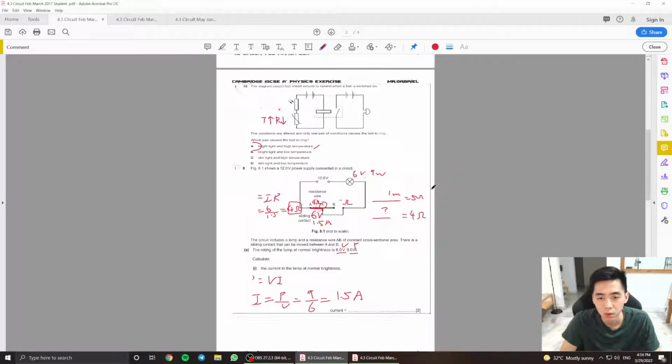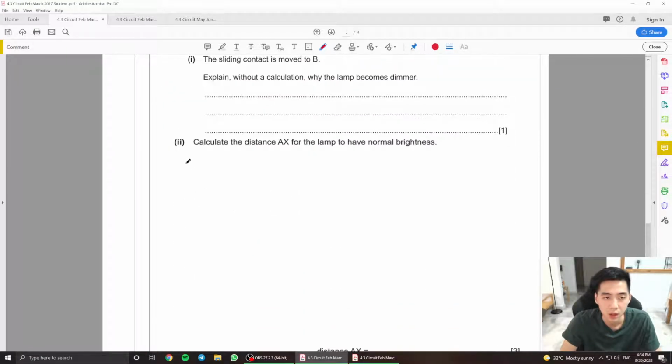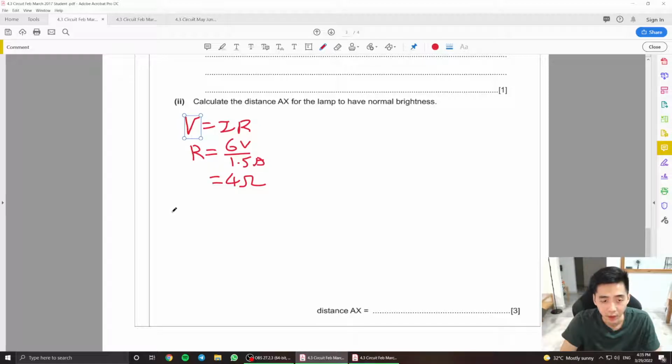Alright, so you're supposed to take all of that into consideration. You're supposed to say that since V equals IR, my R of the wire is 6 volts divided by 1.5 amperes, which is 4 ohms. When the wire is 1 meter, it equals 5 ohms. When I want it to be 4 ohms, how many meters should it be?